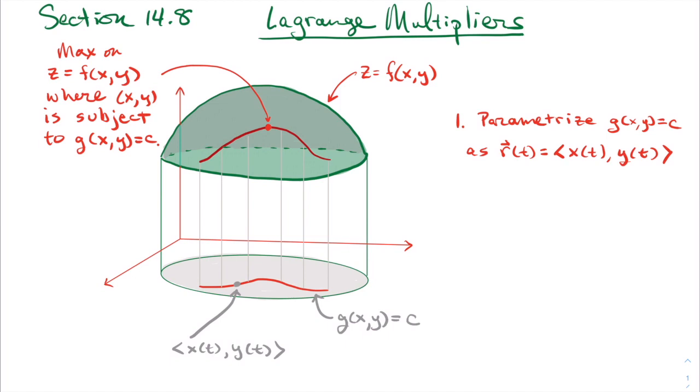And since it's on the constraint curve, we know that g of x of t, y of t has to be equal to c, because these points are on the curve, so they have to satisfy the equation of the curve.